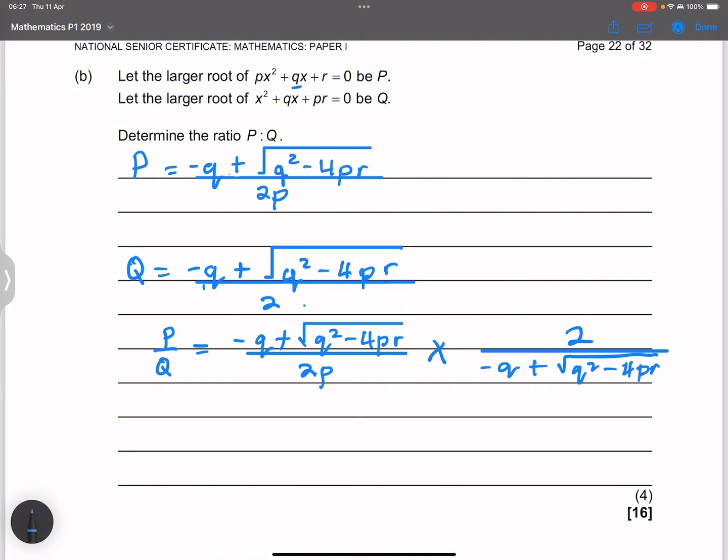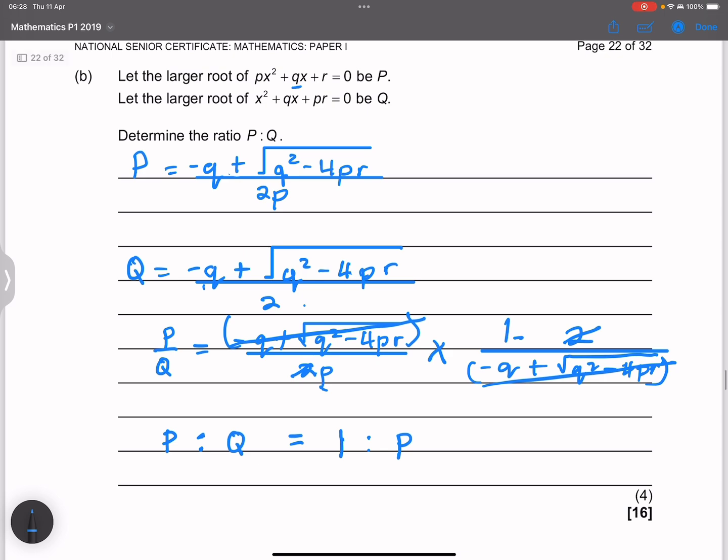That entire thing at the top is going to cancel that at the bottom. So 2 and 2 cancel. So I'm left with the 1 at the top. So that means the ratio of P to Q will be 1 over small p. So P to Q will actually equal 1 is to P. I hope that makes sense, ladies and gents. And with that said, we are done with that question.